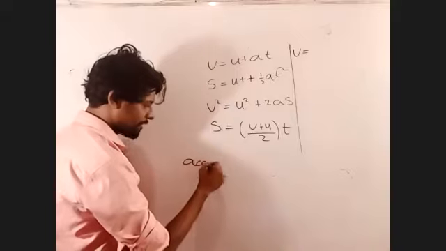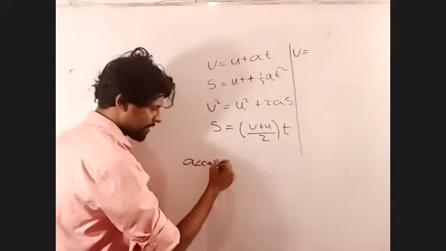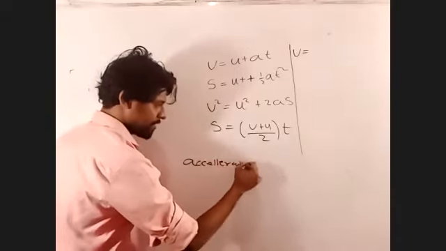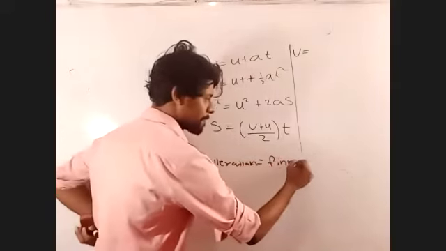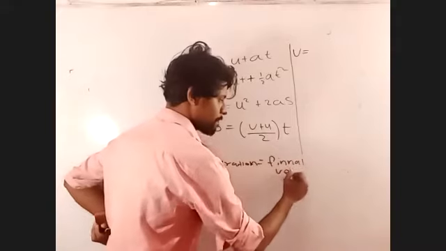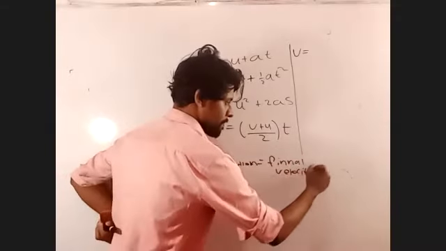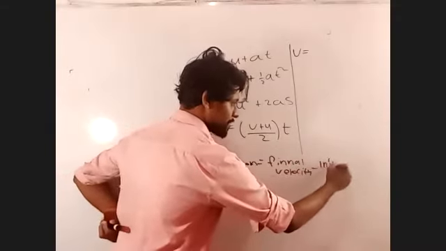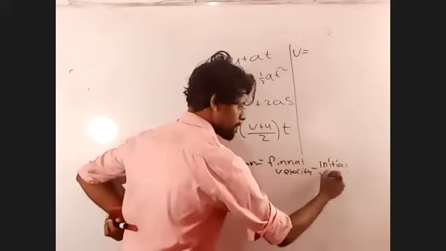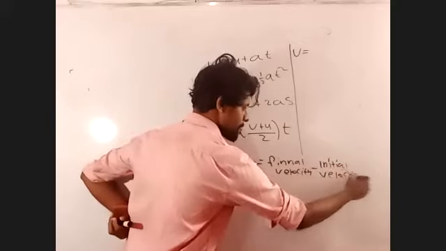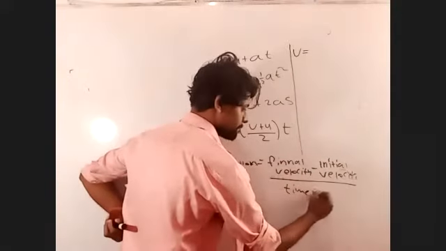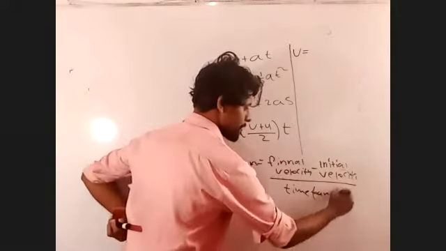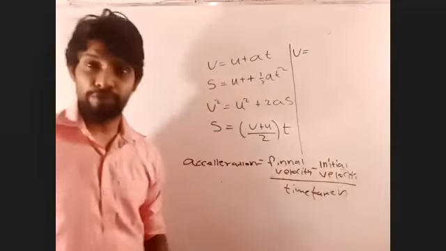We used to write the full equation in words. Acceleration equals final velocity minus initial velocity, and you divide the entire thing by the time taken. This is how you used to do it.